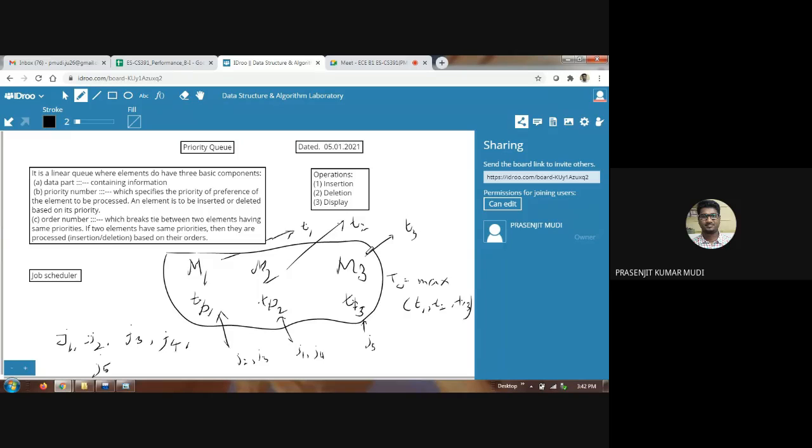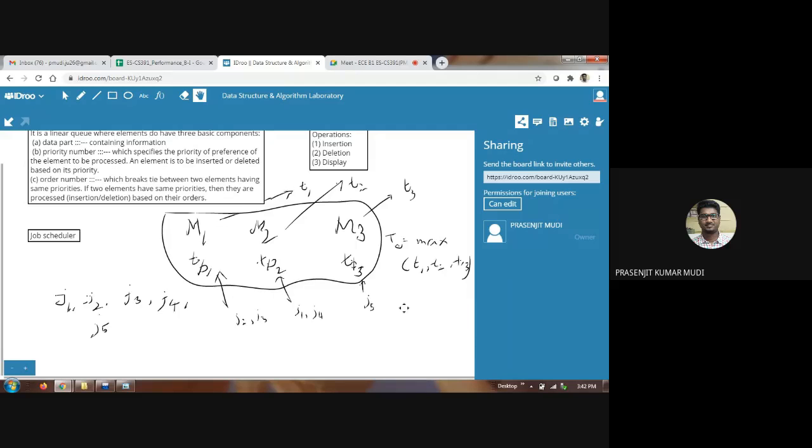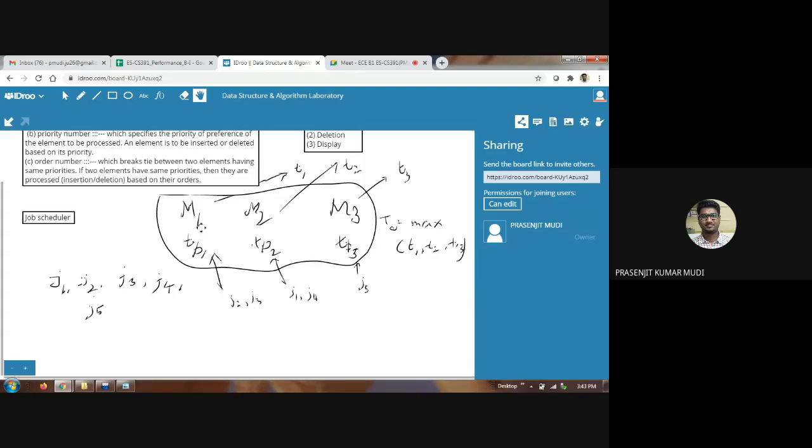My computer is slow, his computer is fast, like that, right? Now it depends on T1, T2, T3, and T1, T2, T3 depend on what kind of jobs are assigned to M1, M2, M3 respectively. So there are several possibilities, and this is a problem: how will these jobs be assigned to M1, M2, M3?